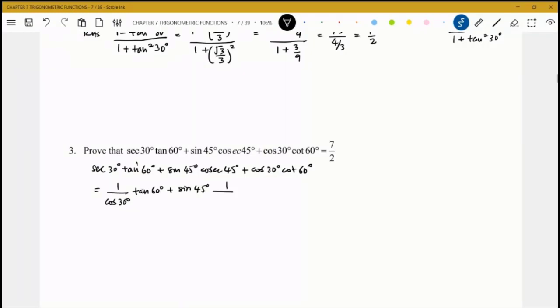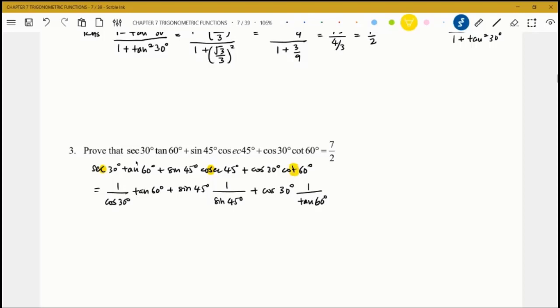Cosecant adalah 1 over sin 45 degree. And then cotangent sama dengan apa? Cotangent 60 degree, we change to primary, kita akan dapat cotangent sama dengan 1 over tangent 60. Sebab third letter kita adalah T.